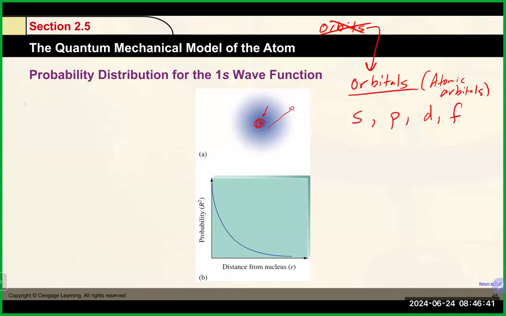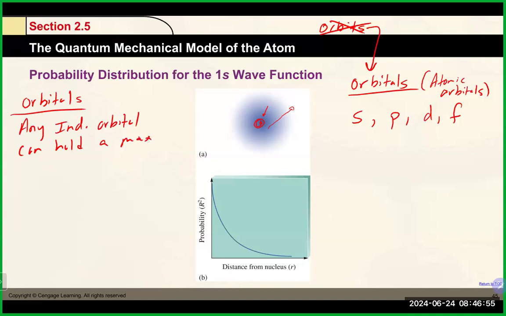When we think about orbitals, any individual orbital can hold a maximum of 2 electrons. So any individual atomic orbital could only hold a maximum of 2 electrons. Questions on that?